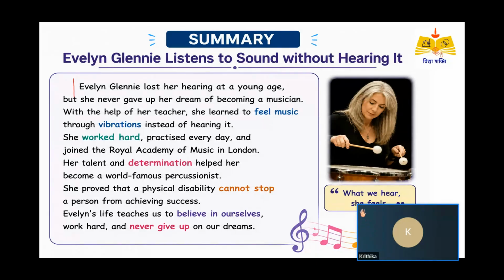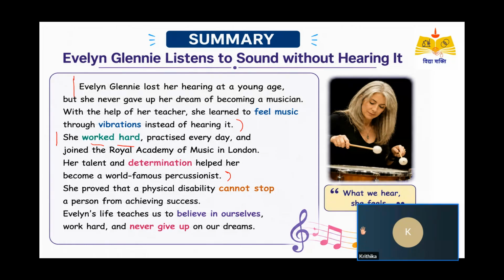In the first paragraph, we are talking about her young age and the hearing problem. In the second paragraph, we are talking about how she worked hard. Percussionist means someone who plays instruments like drums, which have a beat.